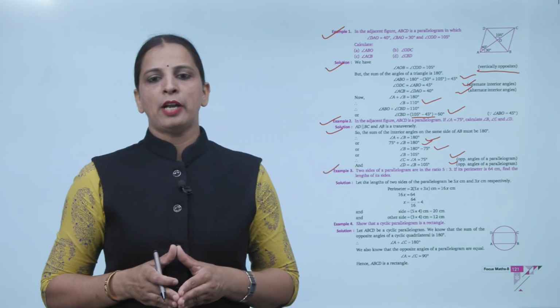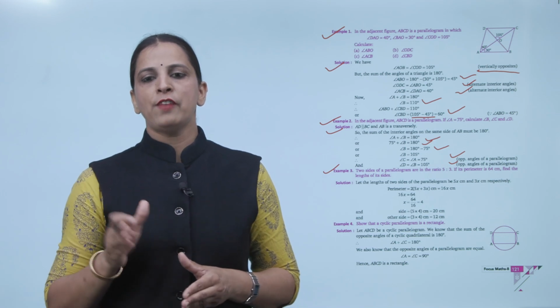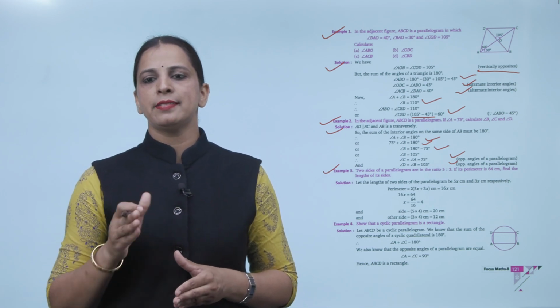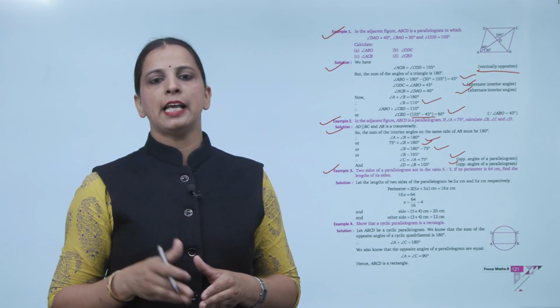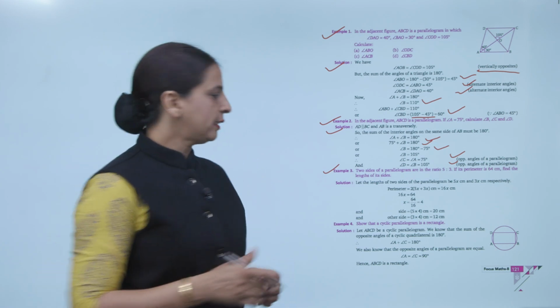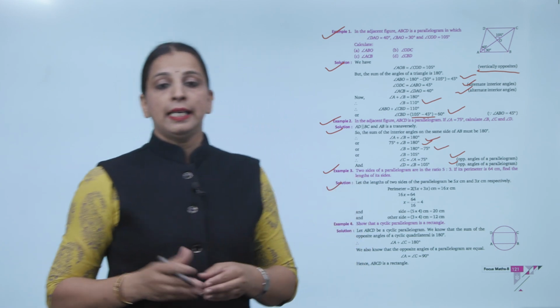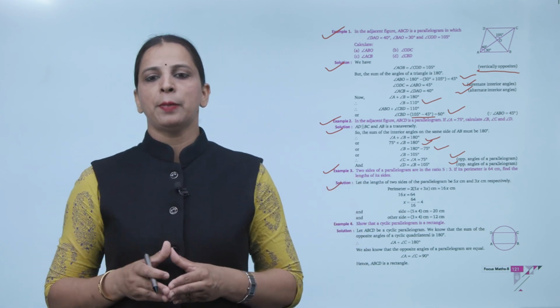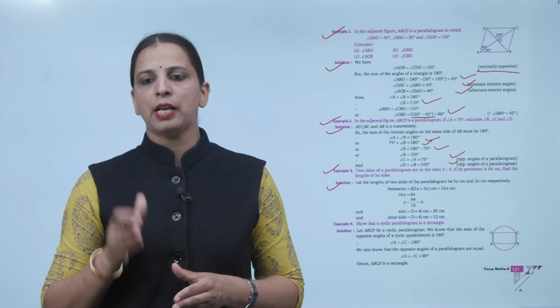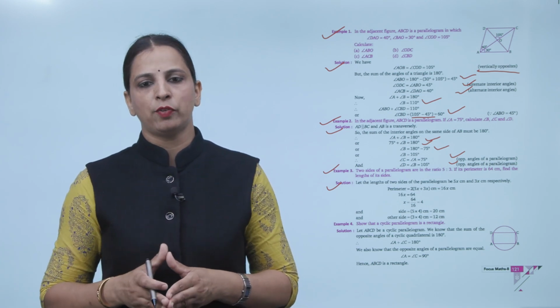Two sides of a parallelogram are in the ratio 5:3. If its perimeter is 64 centimeters, find the length of its sides. Solution करते हैं. Let the length of two sides of the parallelogram be 5x centimeters and 3x centimeters respectively.